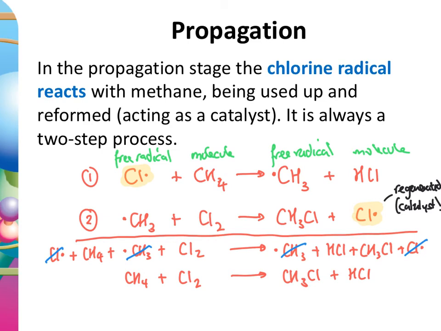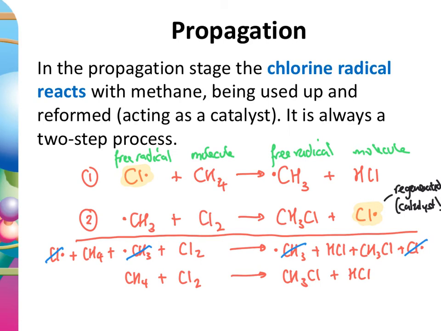Well, we could refine it a little bit more. What we can say is they can be regenerated. So clearly this chlorine free radical has taken part in this reaction, but because it's regenerated, when we look at the overall equation, it doesn't feature in the overall equation. And that is also an absolute sign that a catalyst is present.